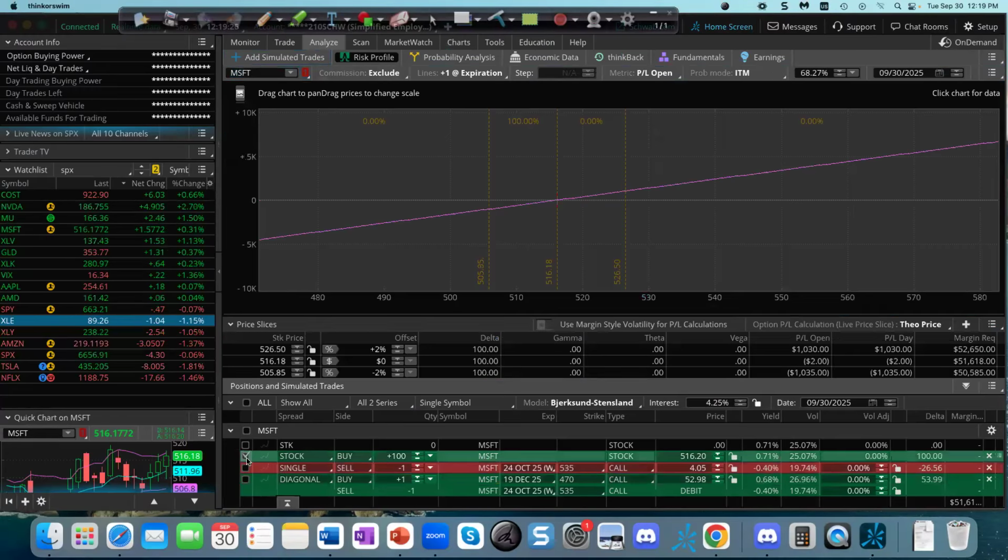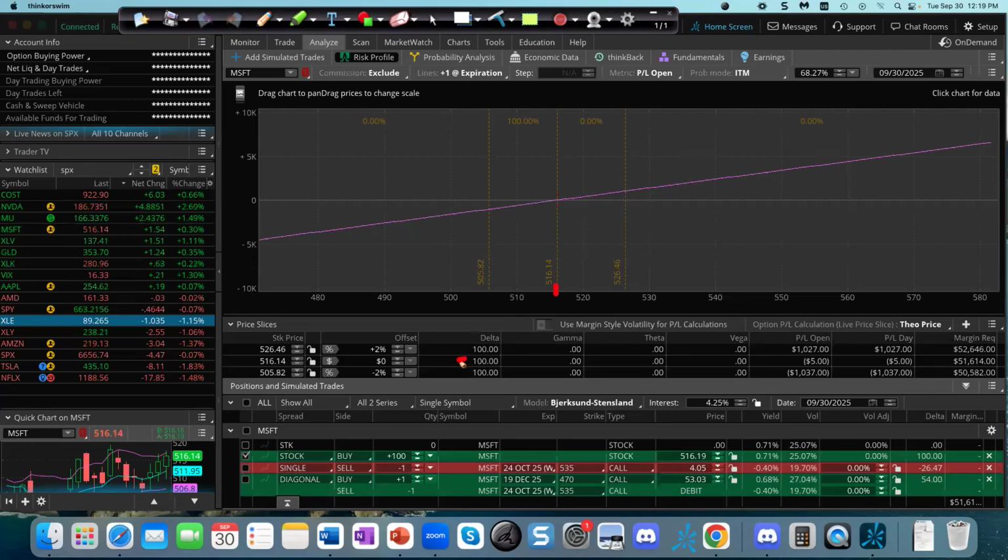It's simply buying the stock. That's a graph of the stock. You have 100 shares of stock in Microsoft. The current underlying is around $516. Every dollar it goes up, you make $100, and every dollar it goes down, you lose $100.